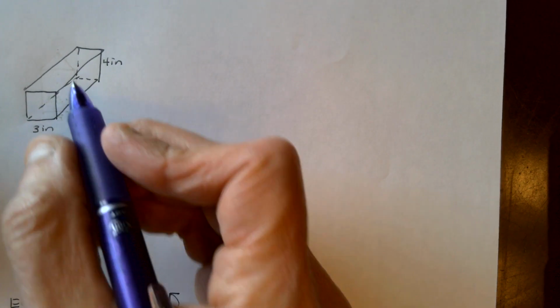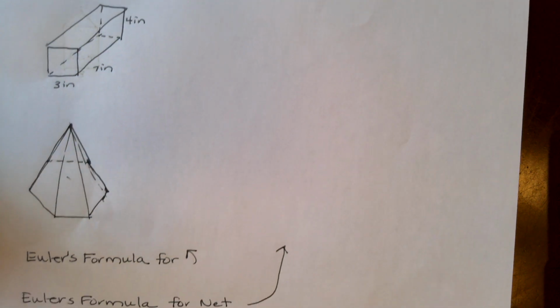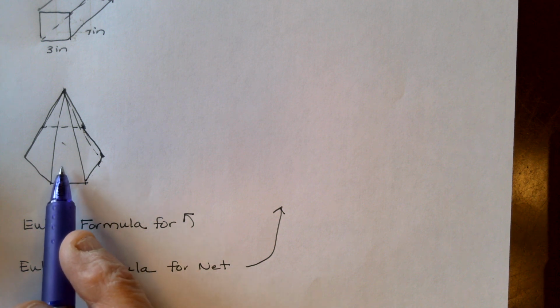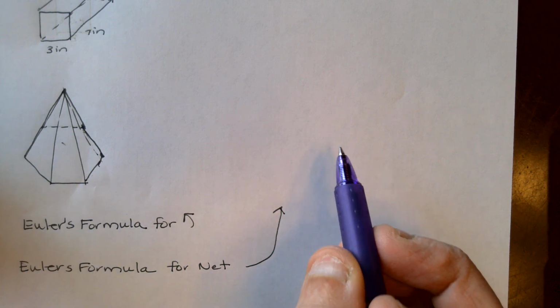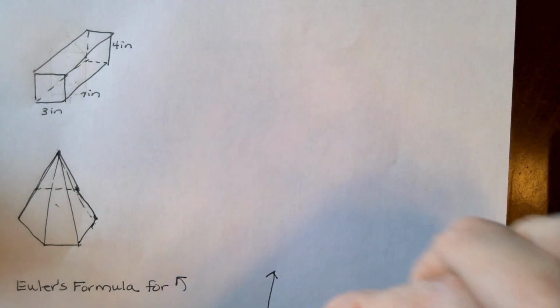So pause the video, go ahead and draw these two, and then check with me in a minute. You can go ahead down here and do this at the same time. I want you to do Euler's formula for a pyramid, because we didn't try that, and then Euler's formula for the net of the pyramid after you draw it. So do those things, stop the video, and then come back, because I'm going to go over them right now, but I want you to try it first. Then we only have one other problem to do. Okay.